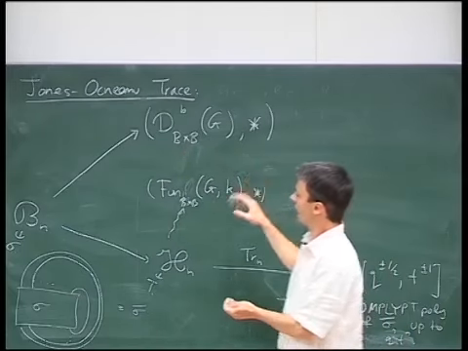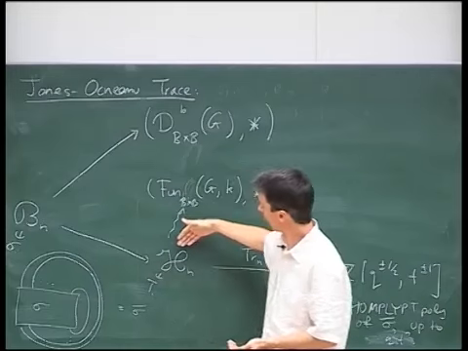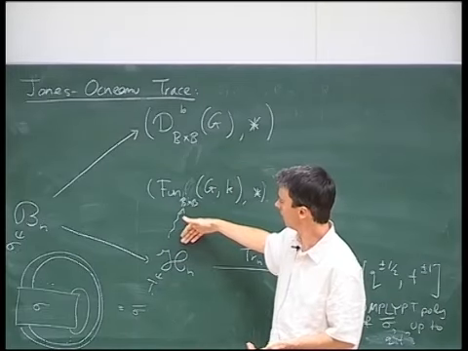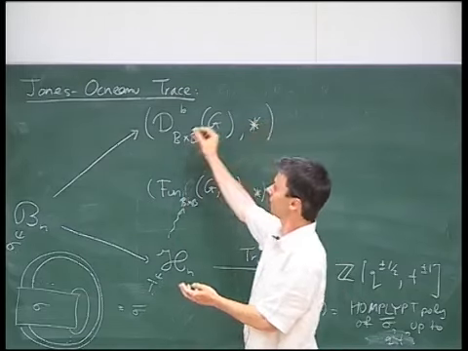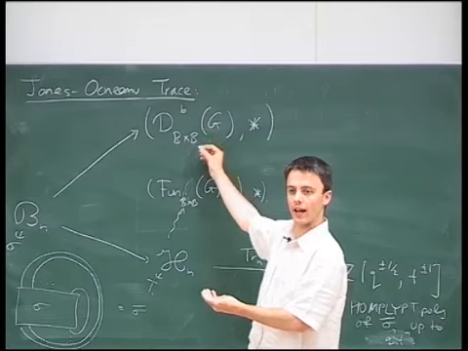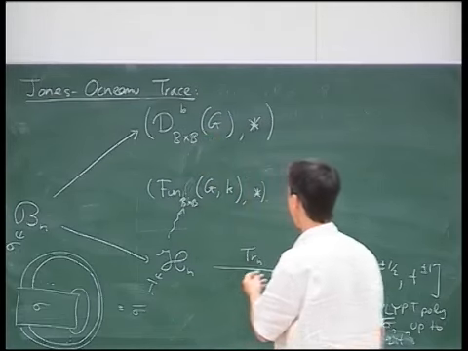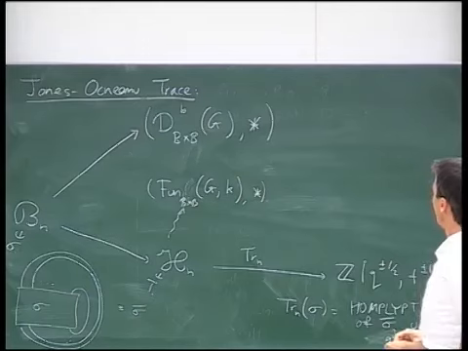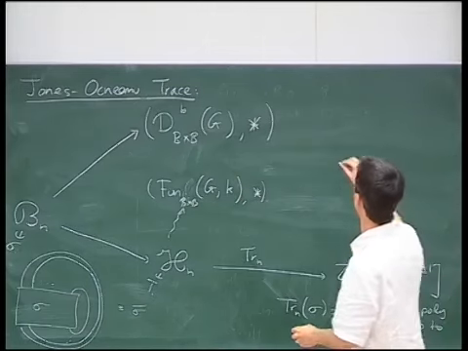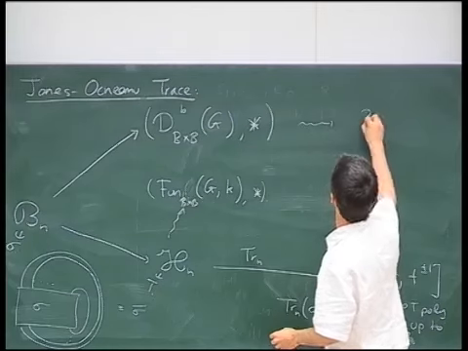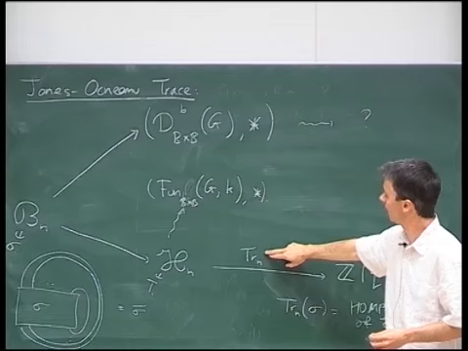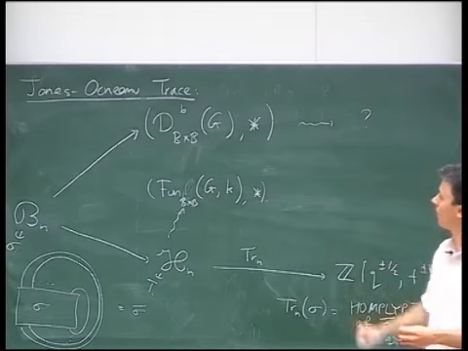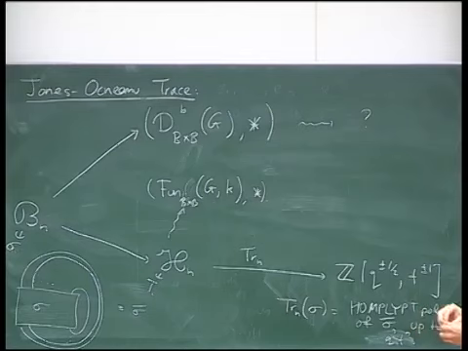So, for example, it's an open question as to whether this map is injective, whereas this is known to be injective. So the braid group really does sit inside this category. And so now it's very natural to ask, what does this Jones-Ocneanu trace mean in terms of this categorification?